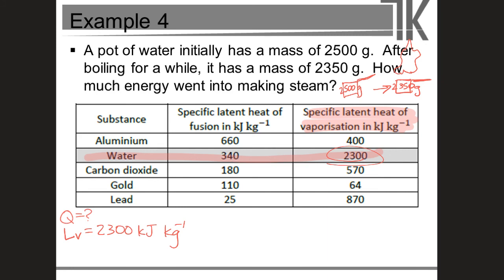So we need the mass of the water that turned into steam, or the mass of the steam. Either phrasing is good. So our mass is going to be how much water we had at the start minus how much water we had at the end, because the leftover bit is how much water turned into steam.